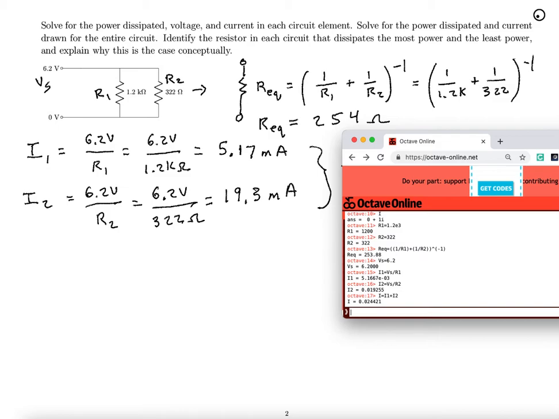Total current again is larger than any individual current because the current can go through either path. Okay.